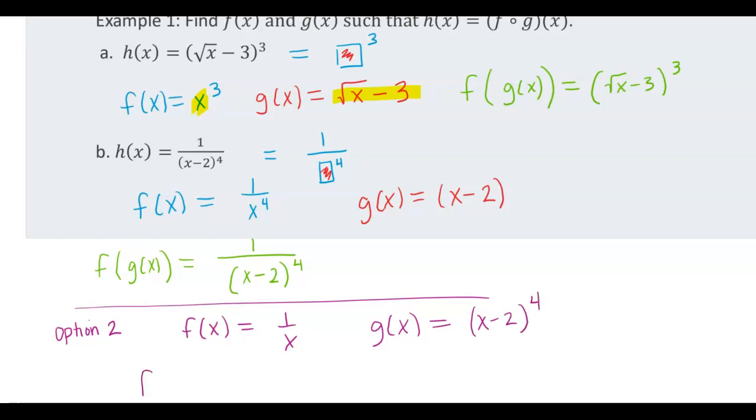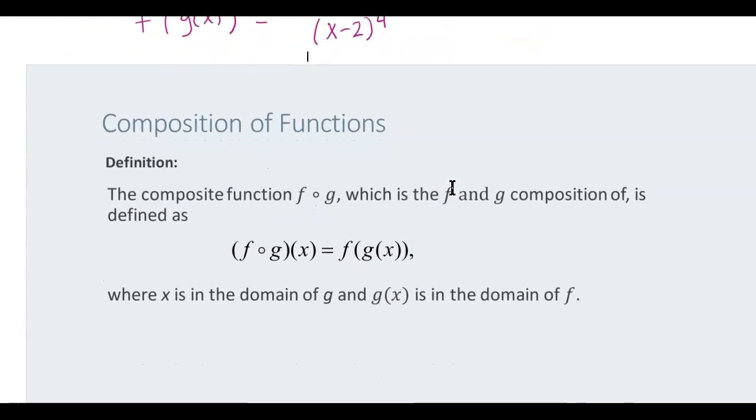And so if I take the function g and I plug it in, I take this whole thing and I plug it in the variable that I see for f, I'll end up with the same thing, 1 over x minus 2 to the fourth power. So again, these are just two different ways of finding two underlying functions that, when put together, create the original function we were looking at.